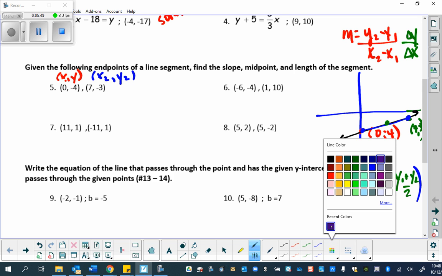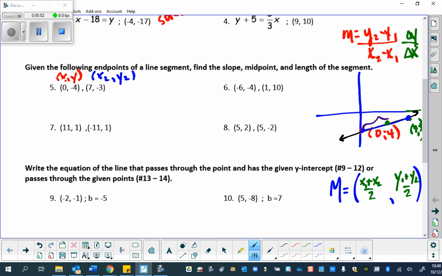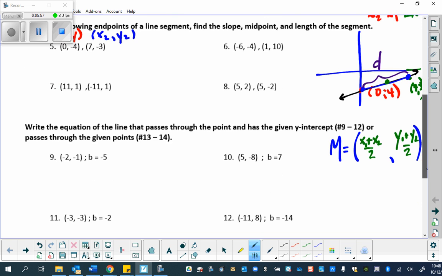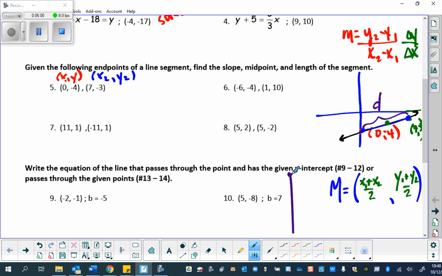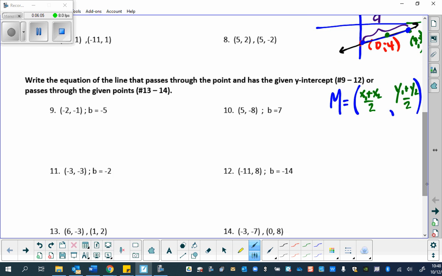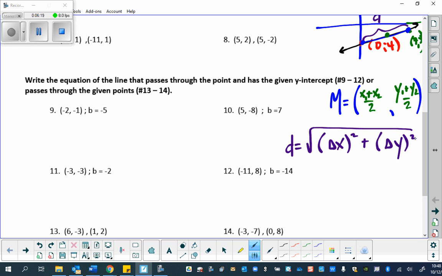The last formula that we need is where I'm talking about the distance from one coordinate to the other, and that represents our distance. Our distance is always going to be equal to the square root of the difference between my x's squared plus the difference between my y's squared. A couple of you are struggling sometimes on the distance because you wind up with negative values.